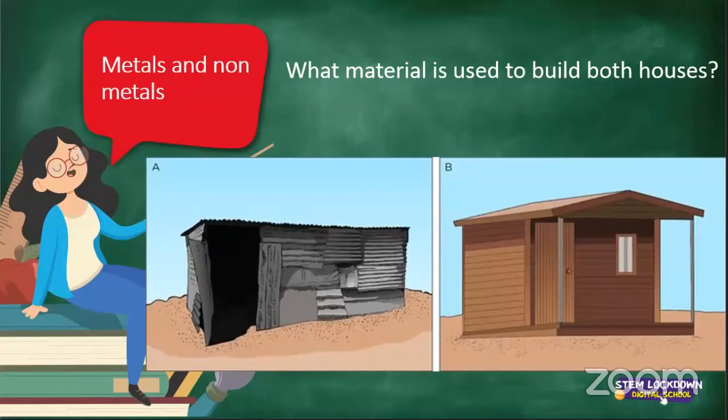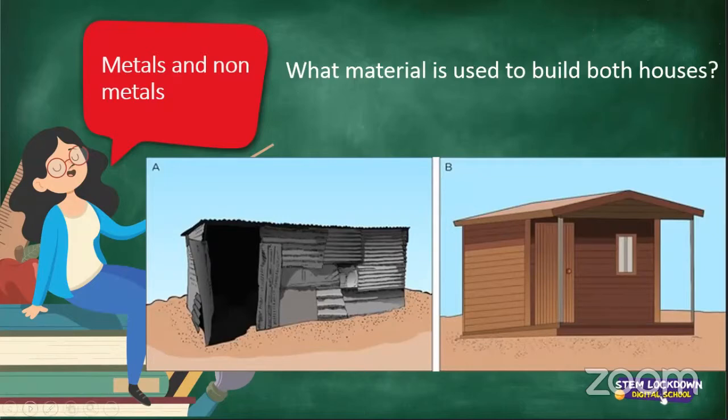It's important to know that metals and non-metals are two different classes of materials. Each class has its own unique properties, and properties are things that are special or unique about an object or a material. So picture A is different from picture B. It has different characteristics.